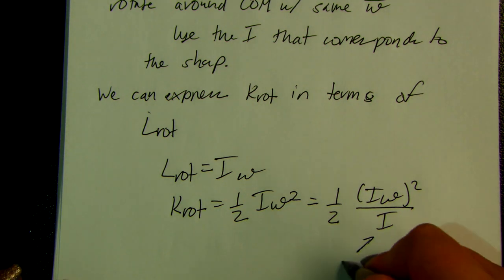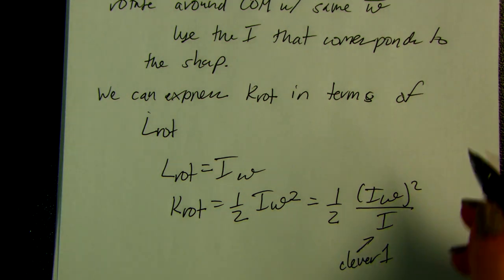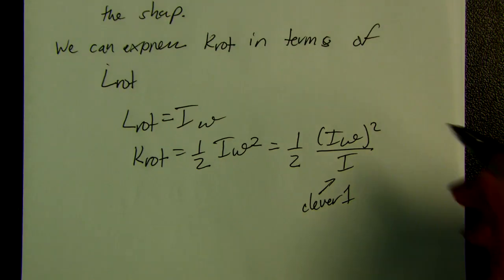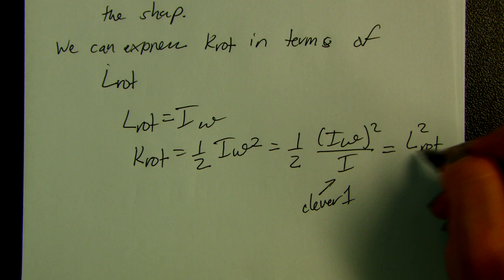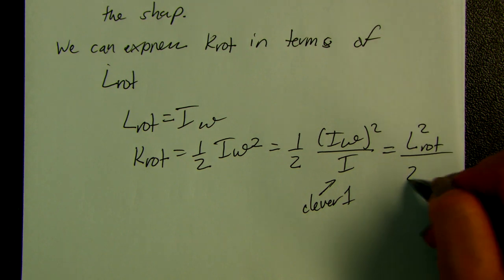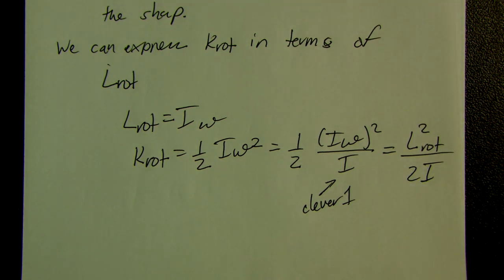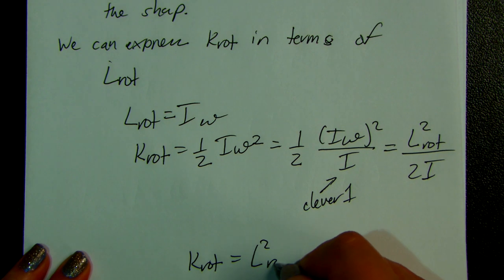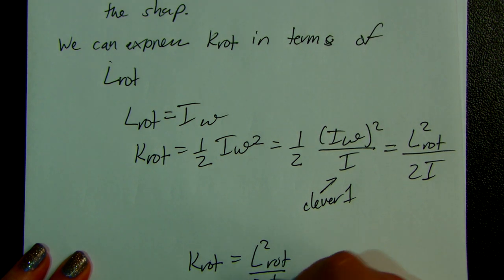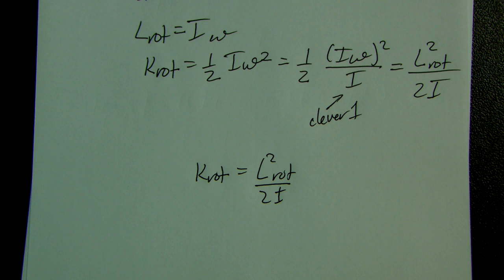You can always multiply something by 1. It's always valid. And this is simply L, rotational angular momentum, squared over 2 times the moment of inertia. There you go. So you can get one from the other. All right, we'll stop lecture part 1 here, and I'll see you next time for part 2.